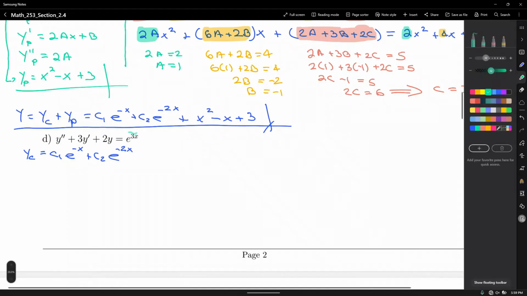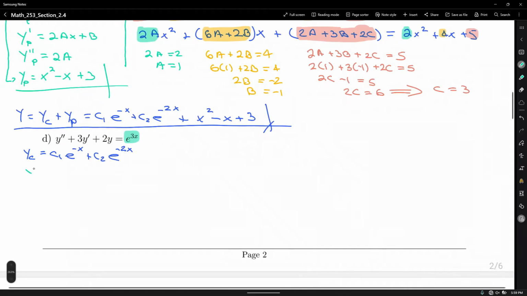Isn't that an exponential function? Now, keep in mind what you have on the exponential function. In this case, there's apparently nothing being multiplied. Well, it's an invisible one, which is a constant. So, when it comes to guessing the form of y sub p, that'll be some constant multiplying e to the 3x.